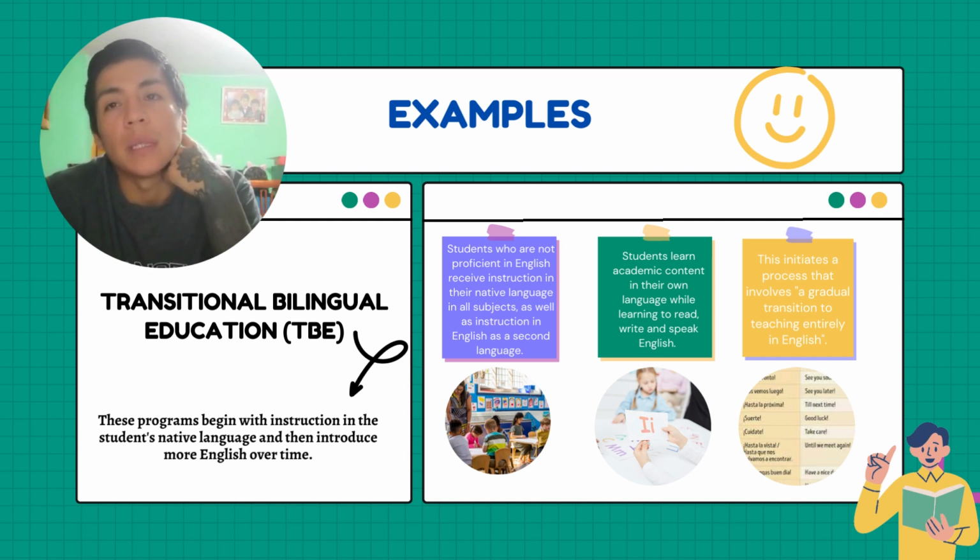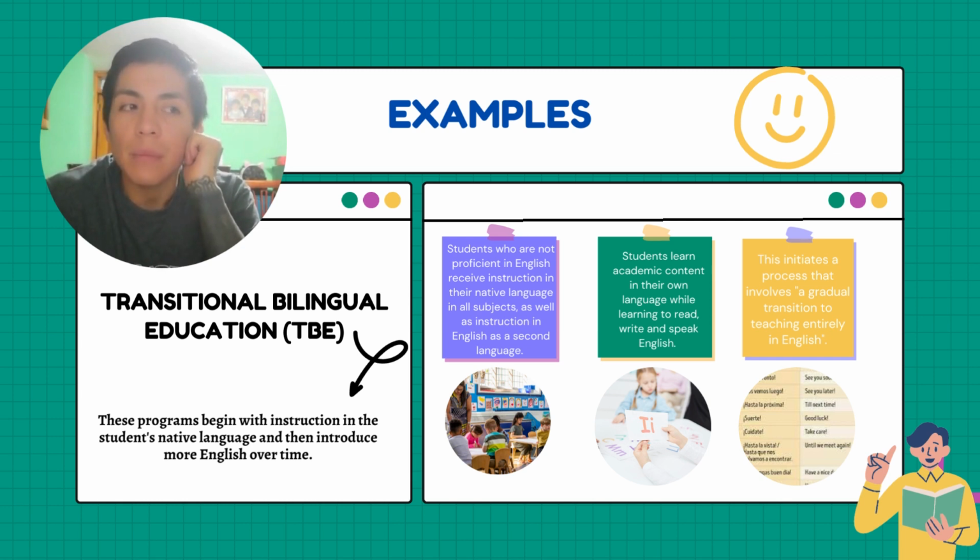This program begins with instruction in the student's native language and adds more English over time. The goal of transitional bilingual education is to enable a student to become proficient in English while also maintaining their native language skills. It has many benefits for English language learners, including improved academic achievement and language development.